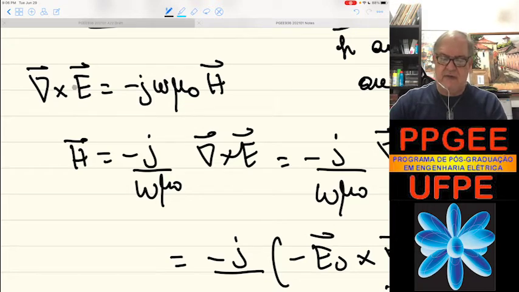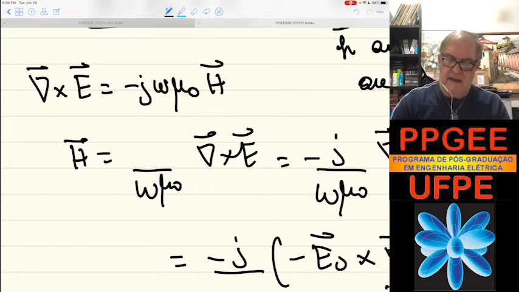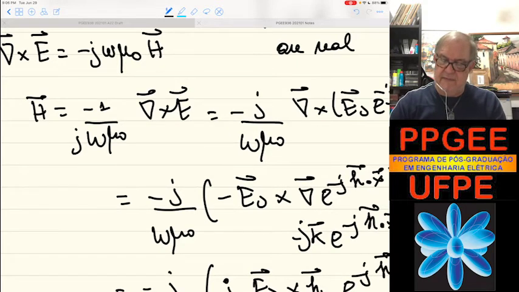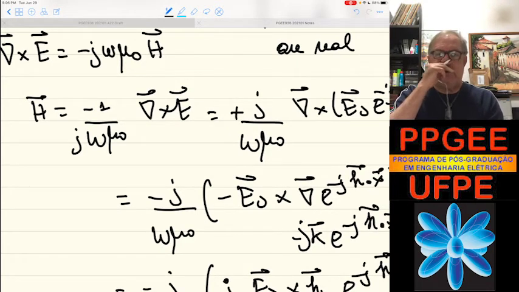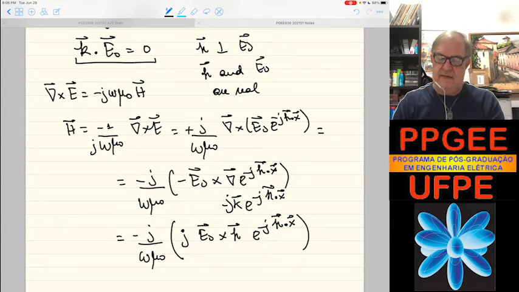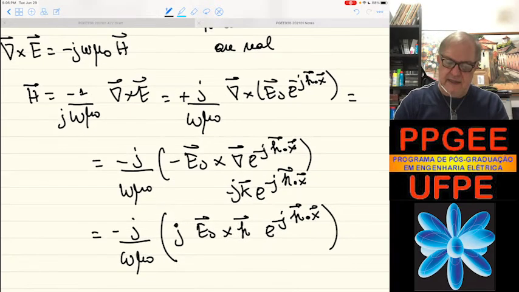H equals curl of E. Let's do it carefully here. It's minus 1 divided by j omega mu 0. Oh, that's the mistake. So it's going to be plus. So there's a mistake in the class notes. That's what's wrong. So that's plus here.